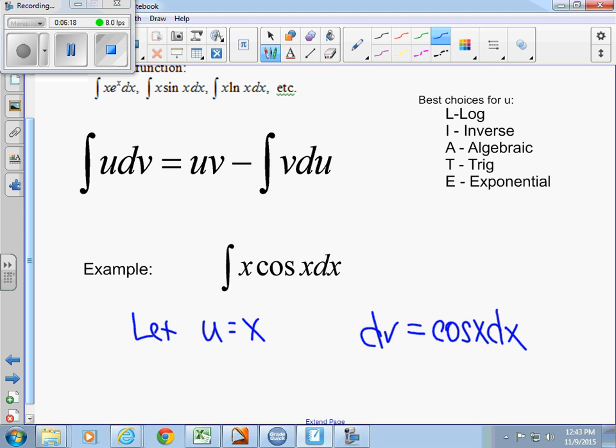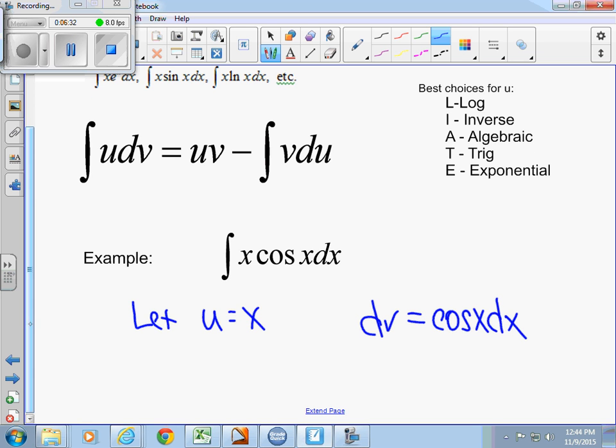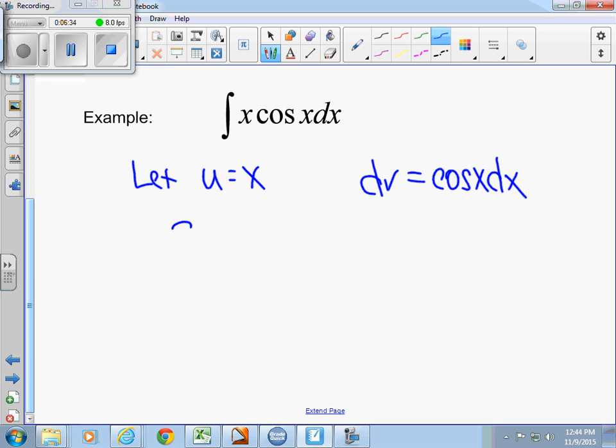I'm going to differentiate u and I'm going to integrate dv to get v and u. So I'm going to differentiate u, and integrate the dv. What is the derivative of u? 1 dx.